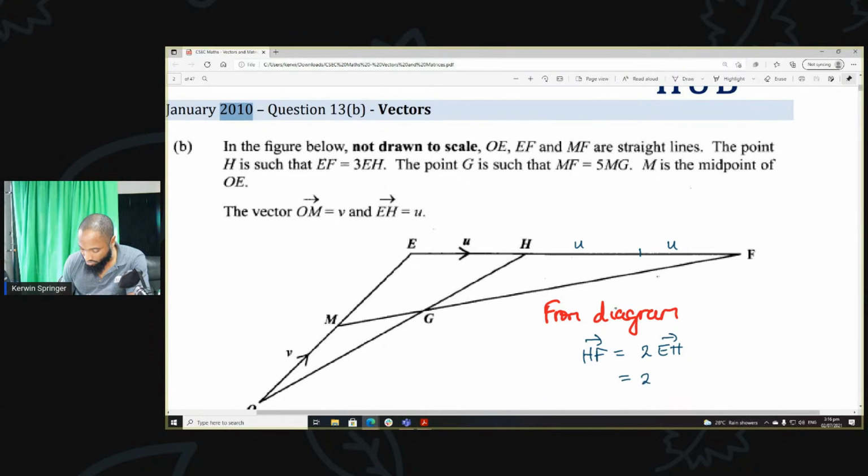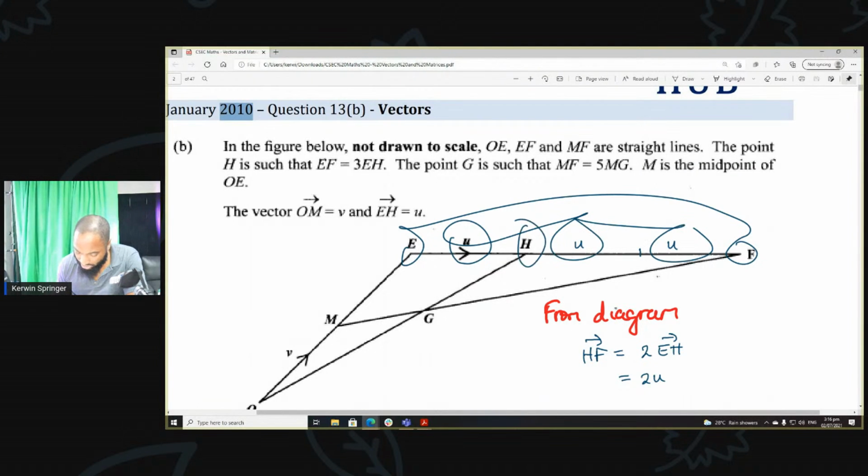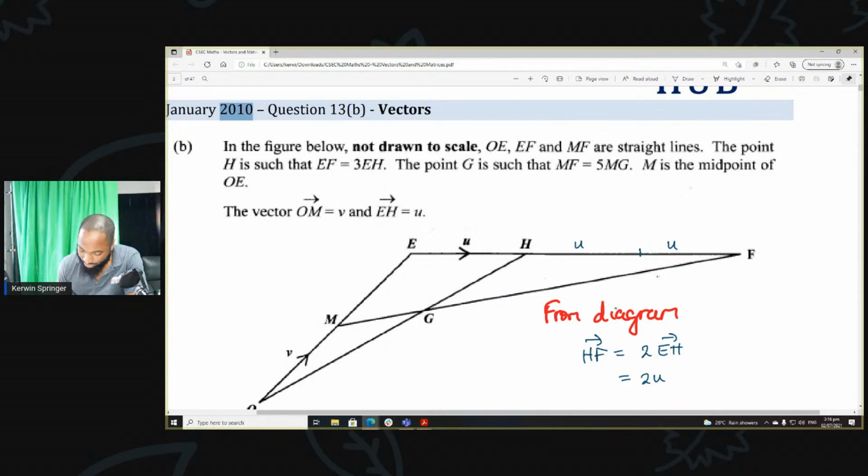So it's 2U. Why are people saying 3U? It has to be 2. E to F has 3 U's inside, so H to F is 2/3 of the way. And it was a common U, not a capital U, right?